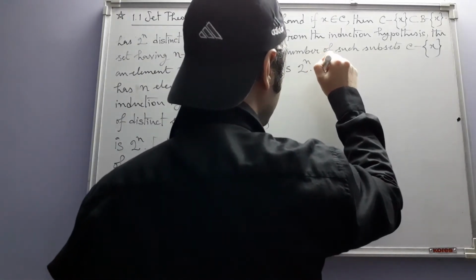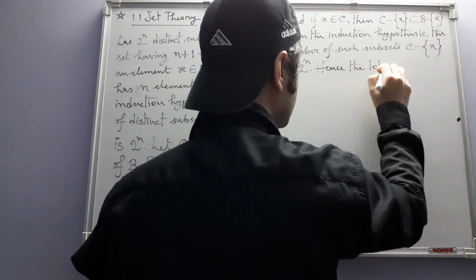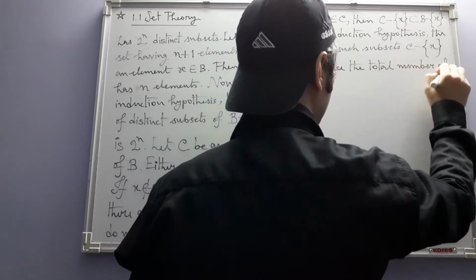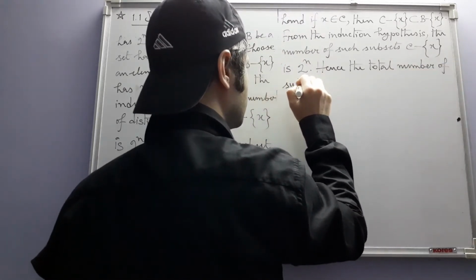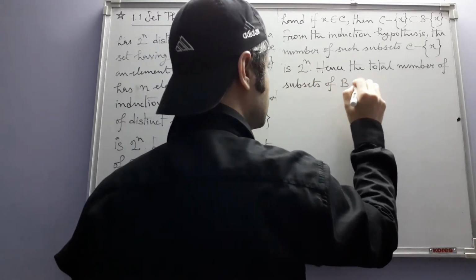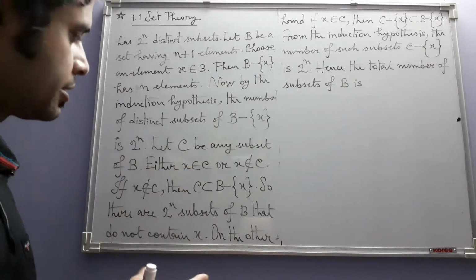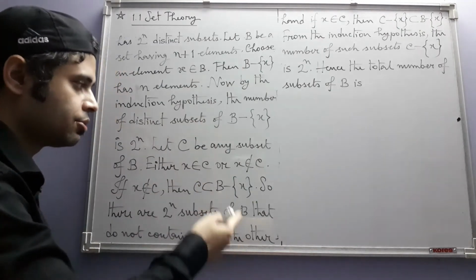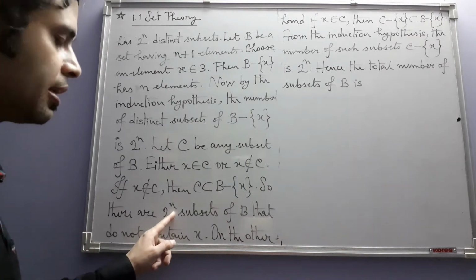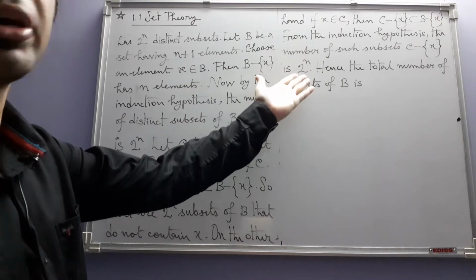Hence, the total number of subsets of B will consist of those subsets that contain x and those that do not contain x. Those that do not contain x are 2 to the power n in number. Also, those that contain x are 2 to the power n in number.